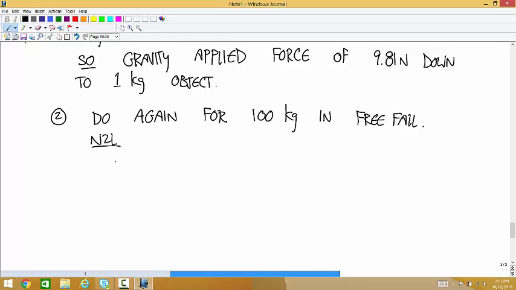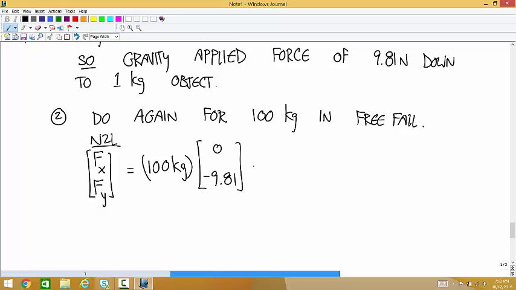Then Newton's second law says the force applied by gravity is equal to 100 kilograms times the acceleration. We know the acceleration is still the same. We've talked about that a lot. No matter what the object is, the acceleration in free fall is the same. So it's still 0, negative 9.81 meters per second squared.